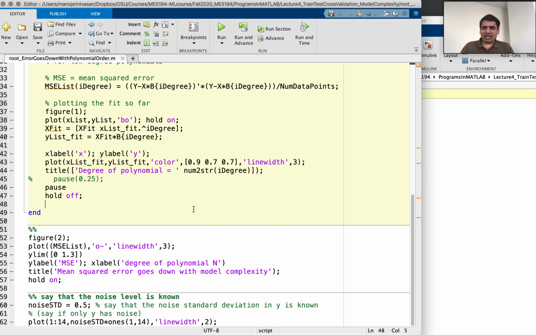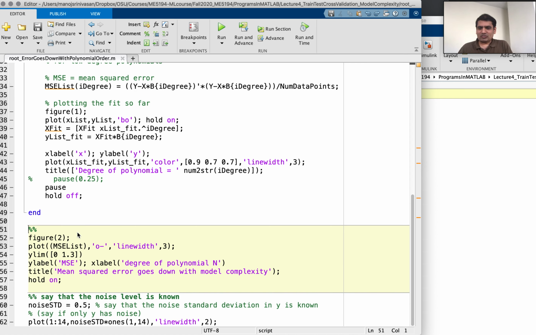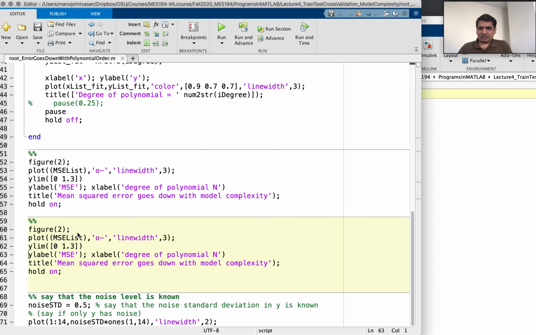So let's actually do that. And to do that, instead of plotting the mean square error, I'm going to plot the root mean square error. So I'll plot a new figure, Figure 3, which is the square root of the MSE list.